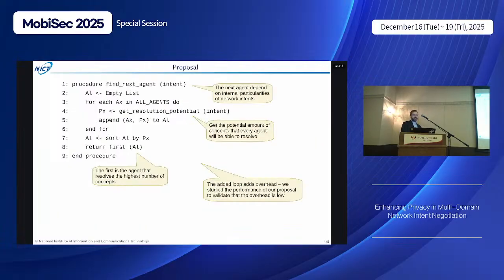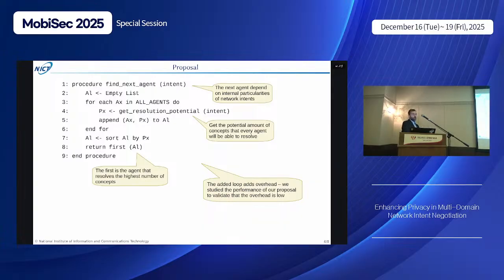function to find the next agent, we consider the original network intent. We ask all agents what resolution potential they have, how many concepts they will be able to resolve from this network intent, and we use that to sort the agents and finally return the agent that will resolve the most concepts.